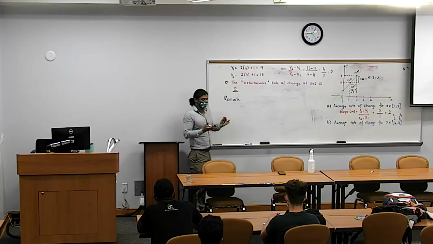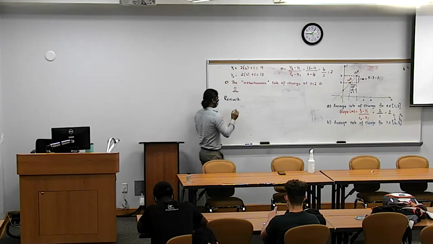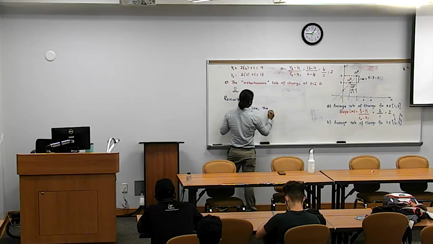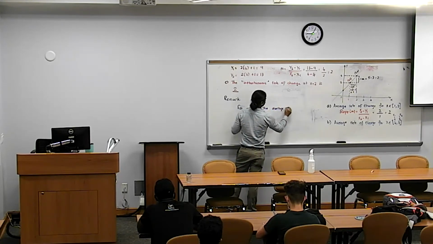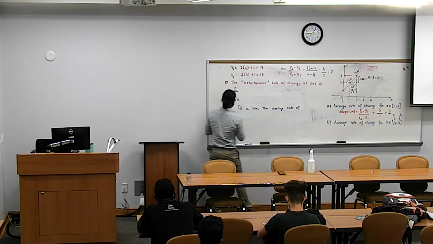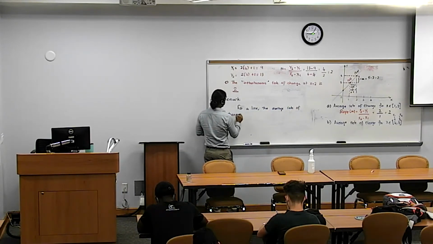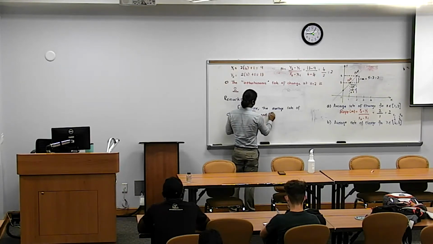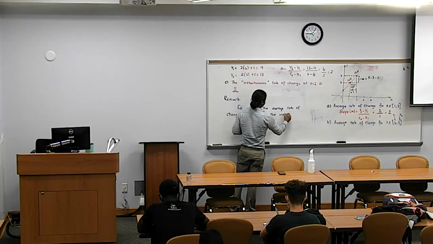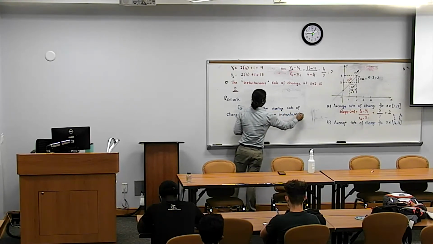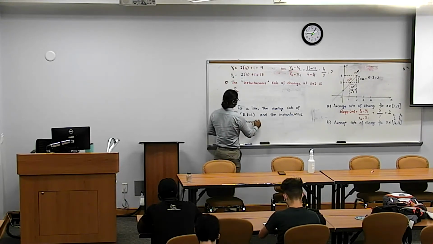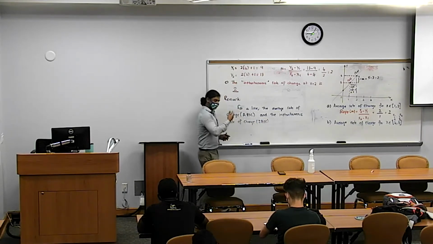What can we deduce from whatever we did? So for a line, average rate of change is simply a rock. It's rock, not Iraq.